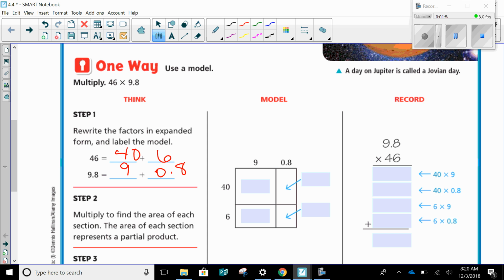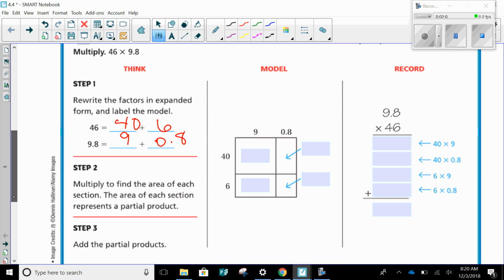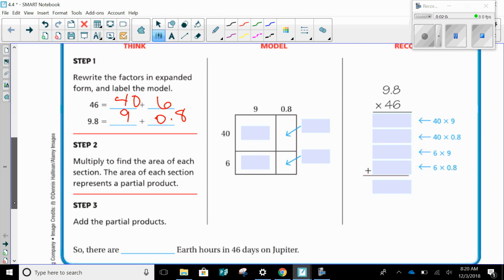Pretty simple, just breaking apart those place values. Then our next step is to multiply. Step 2 is to multiply to find the area of each section. The area of each section represents a partial product, so it represents part of the answer. Then we're going to add those partial products.